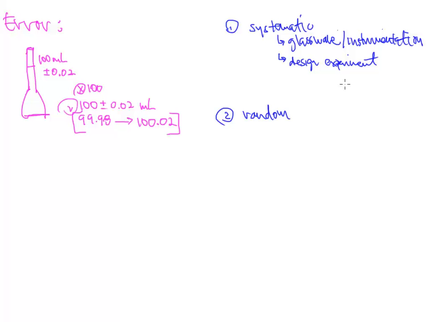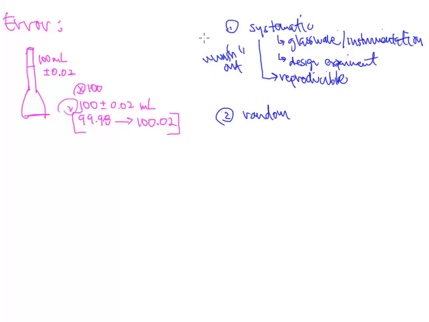So we often call these systematic errors. They are reproducible. So, in the end, they typically wash out. Now, what does that mean?